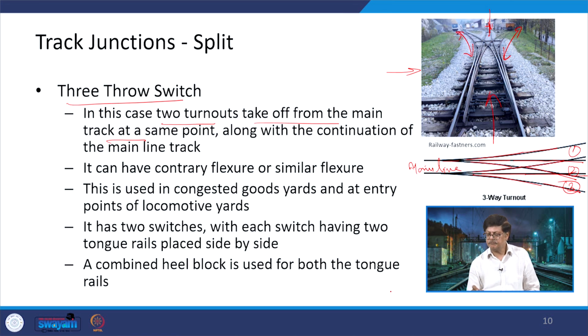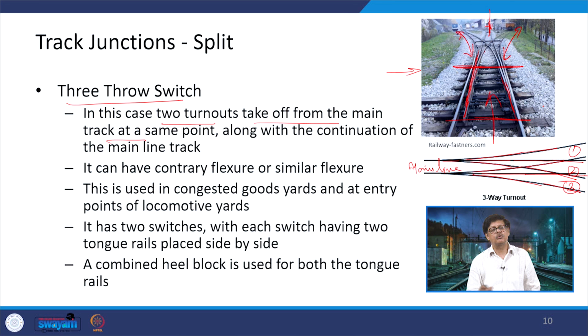When we say the same point, you can see here that a single arrangement of points has been provided. Based on the requirements, if it has to go in this direction, then the tongue rail touches this straight rail which ends here, whereas if it has to go in this direction, then it is going to touch here.